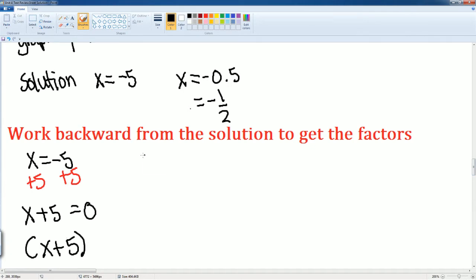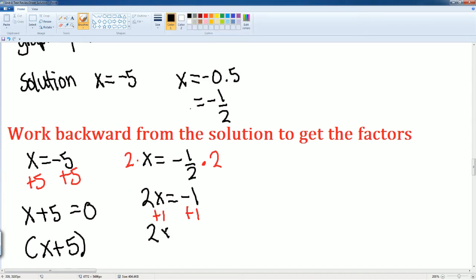Second, I have x is equal to negative 1/2. I'm going to multiply by 2 first. So this becomes 2x is equal to negative 1. Then I'm going to add 1 to both sides. That gets me 2x plus 1 equals 0.